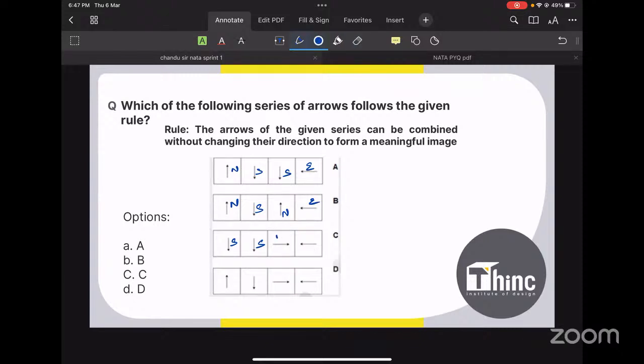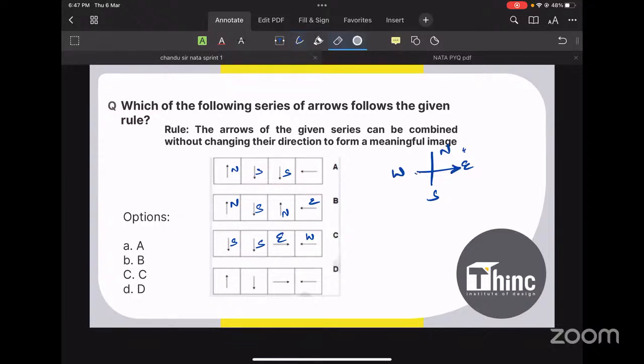West. This is east and this is west. I'll put it over here. North, south, east, west. Northeast is coming over here. And now we can look for the directions.